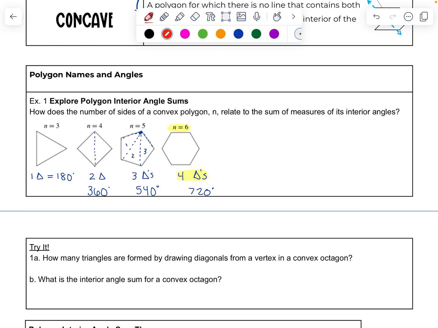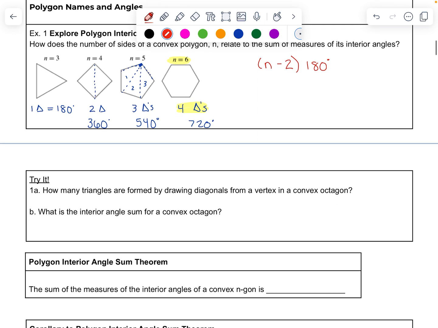So the formula we're looking to come up with is you take the number of sides minus 2, because the triangles are 2 less each time, and then we multiply that by 180 degrees, because a triangle is 180 degrees. Down here it says, how many triangles are formed drawing the diagonals from a vertex in an octagon? We would have to know that an octagon has 8 sides.